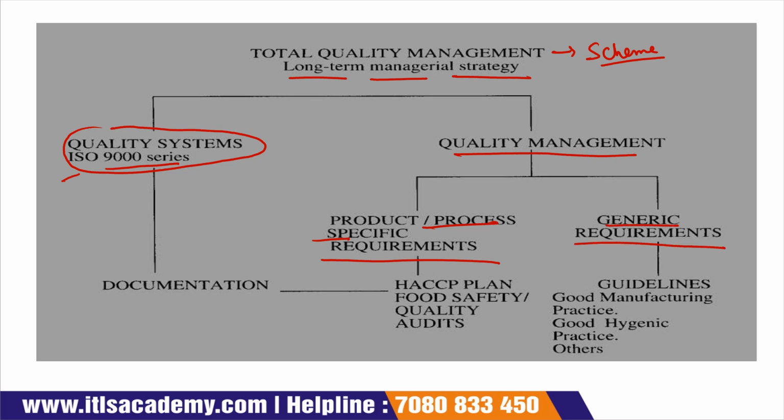In the product process specific requirement, HACCP plans are there, food safety is involved, the quality of the food product is involved, and even the audits are involved.